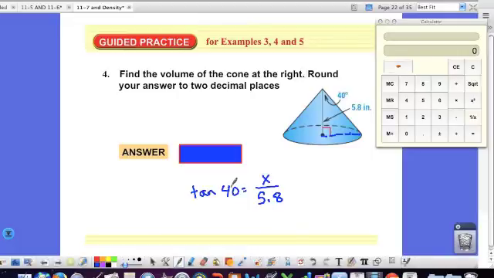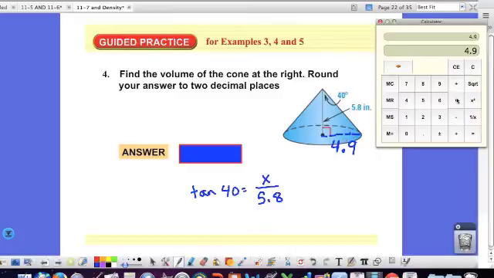Okay, so in my scientific calculator that you can't see, the tangent of 40 is 0.839099, etc. I'm going to multiply that by 5.8, and I'm going to get that this side length is 4.86, so roughly 4.9 inches long.